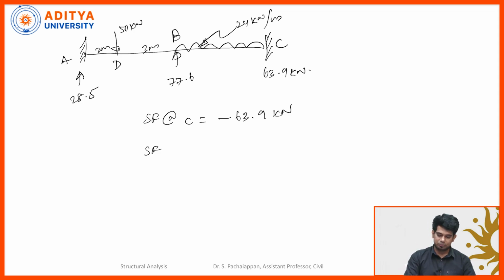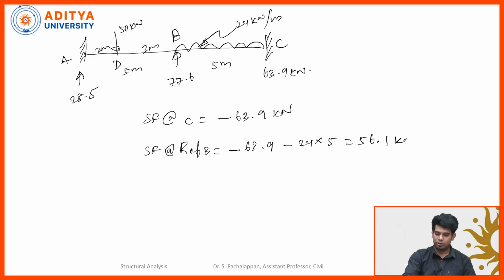Okay. So what is the next point? The shear force at right of B: minus of 63.9, at right of B we are having minus 24 into the distance of 5 meters. So we will be having 56.1 kilonewton.